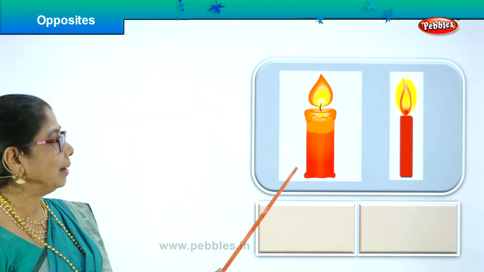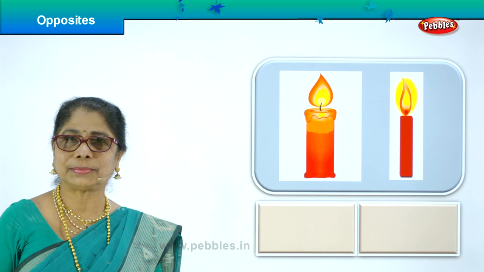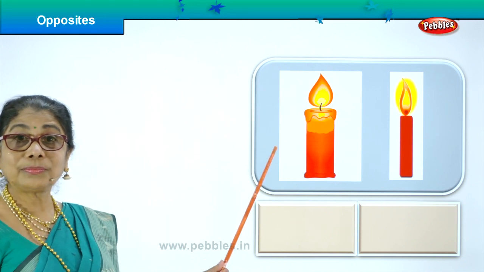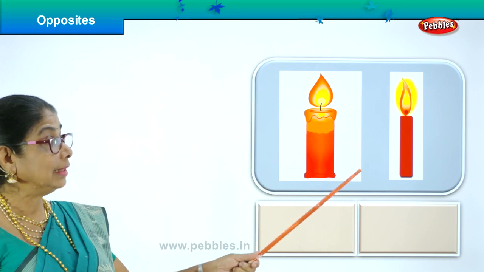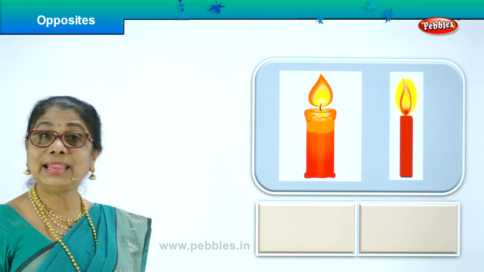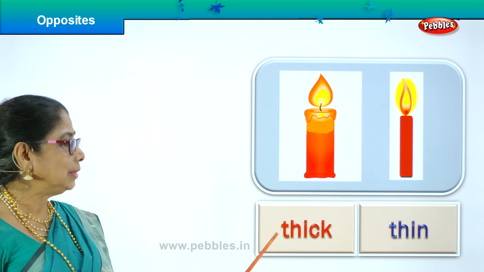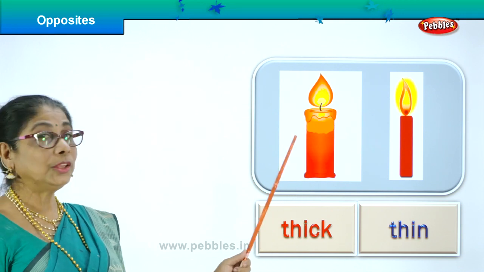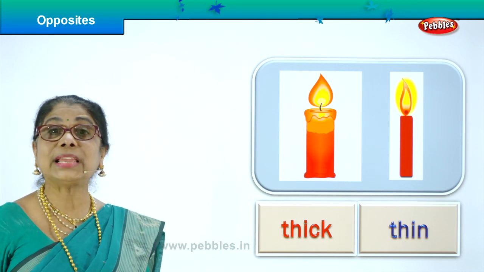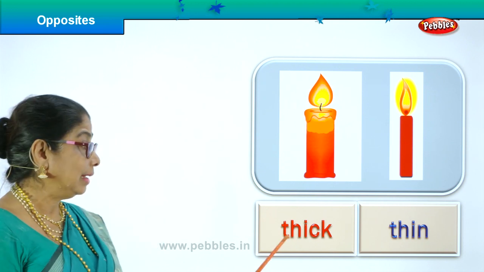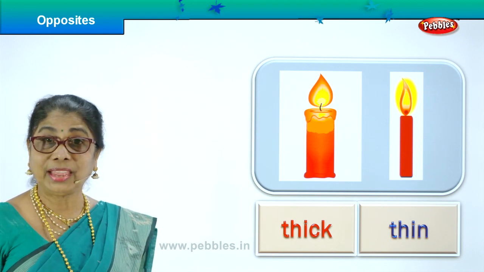Good, here we are. Look at the two candles. One is thick. The other one is thin. Yes, thick and thin. Good. So thick. You don't say fat candle. You say it's a thick candle. T-H-I-C-K, thick.